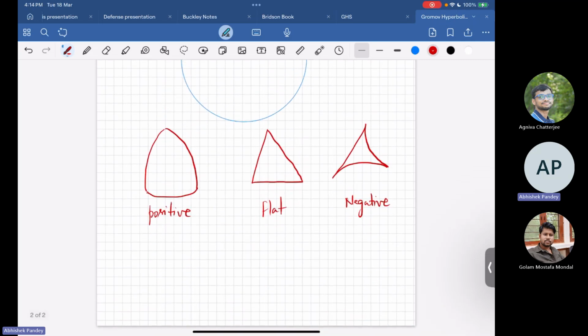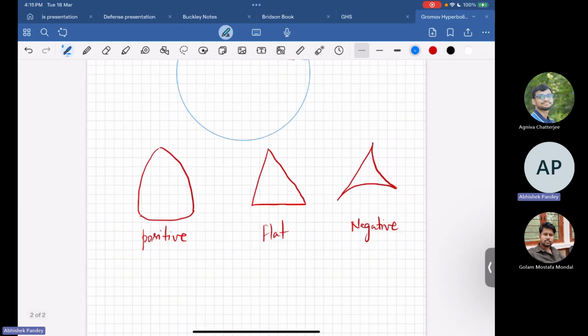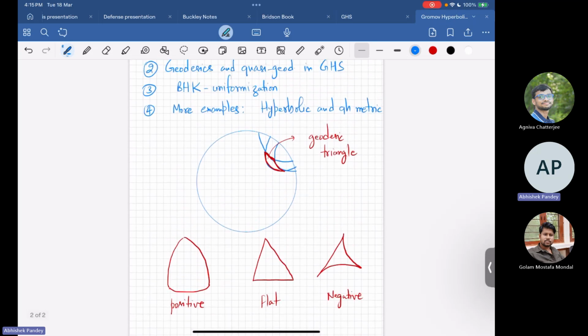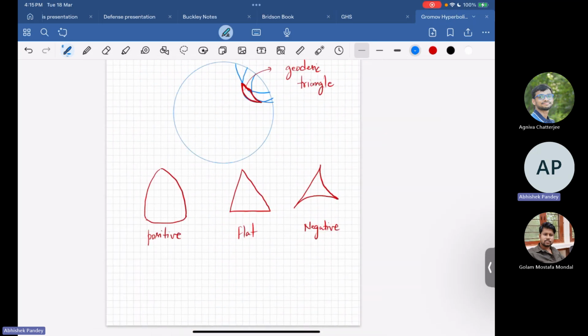So basically, Gromov and Rips realized that the large scale geometry of the negatively curved spaces can be captured by the property that all geodesic triangles are basically slim. Taking this slim triangle as a defining property leads to the notion of Gromov hyperbolic spaces. So this is just a rough idea of the geodesic triangles we are going to see in Gromov hyperbolic spaces.